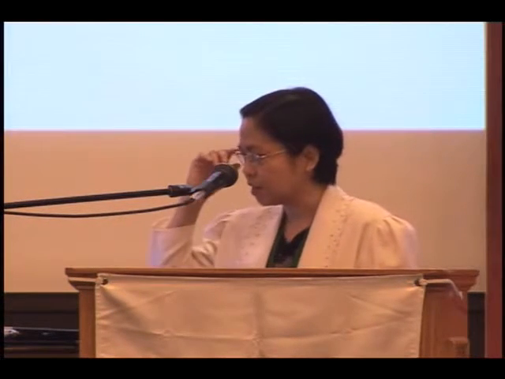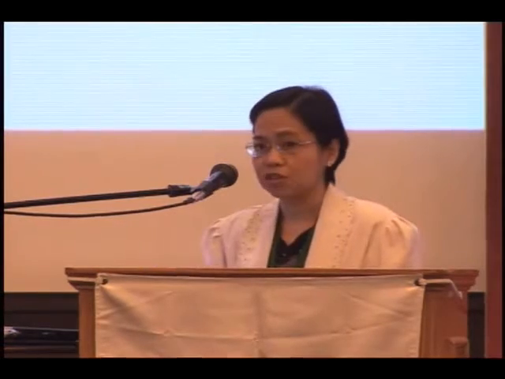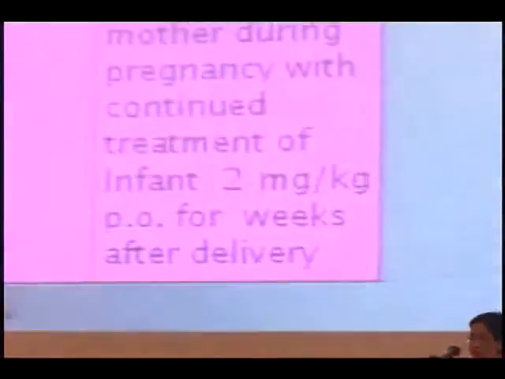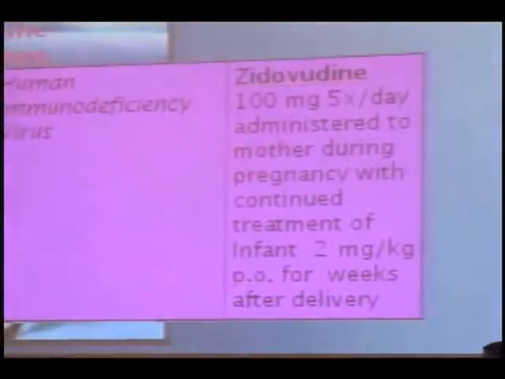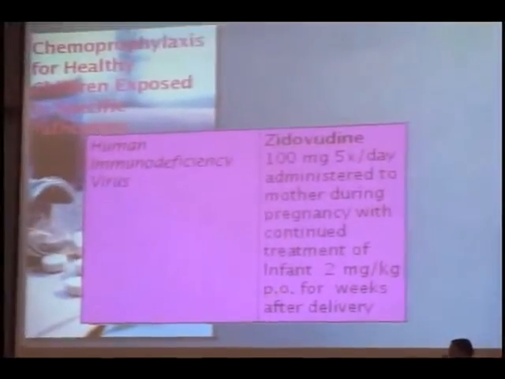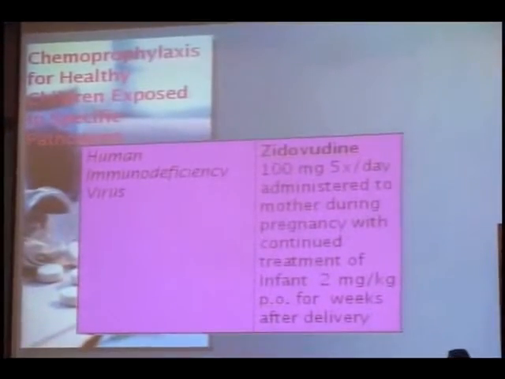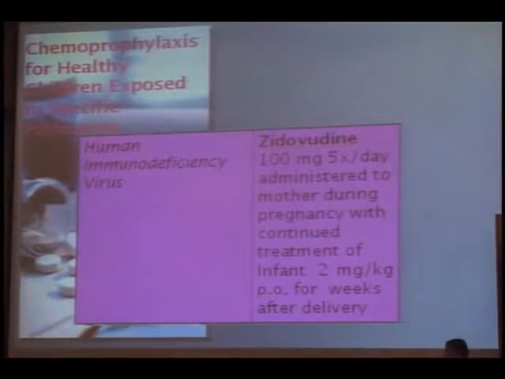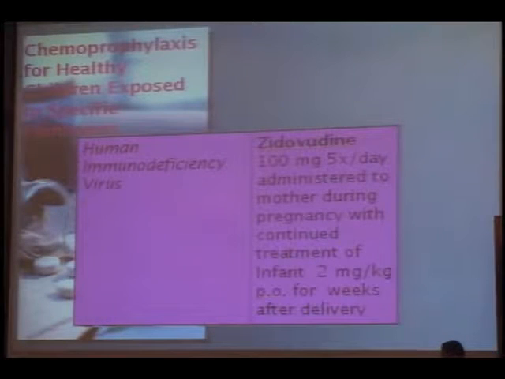For HIV, there have been studies which document the efficacy of zidovudine, 100 milligrams 5 times a day, administered to mothers during pregnancy, with continued treatment of infants at 2 milligrams per kilo orally for 6 weeks after delivery.